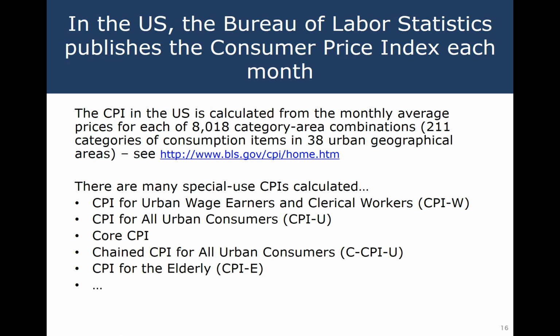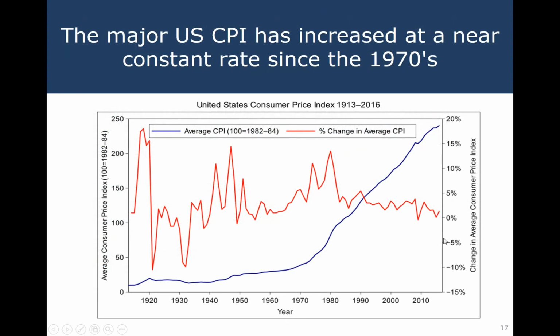They have a lot of calculations related to the CPI, with different definitions. This is one example. And we can see the major United States CPI has increased at a near constant rate. So we try to make the CPI increase at a near constant rate, okay? And then everyone can adjust or adapt their quality of life.